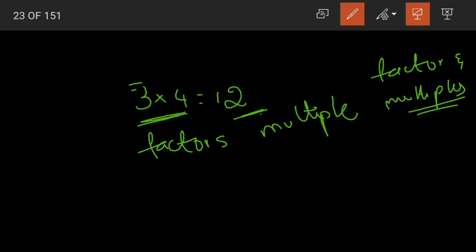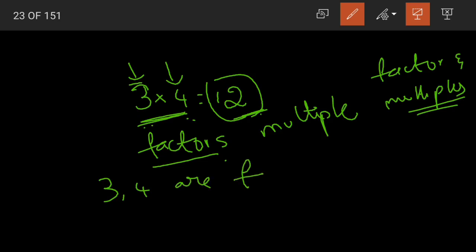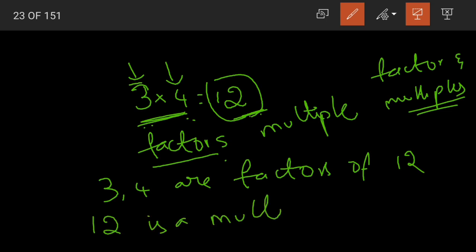Understood, children? The two numbers that we are multiplying together will be our factors. 3 and 4 are the factors of 12. And what does 12 become? 12 is a multiple of both 3 and 4, children.